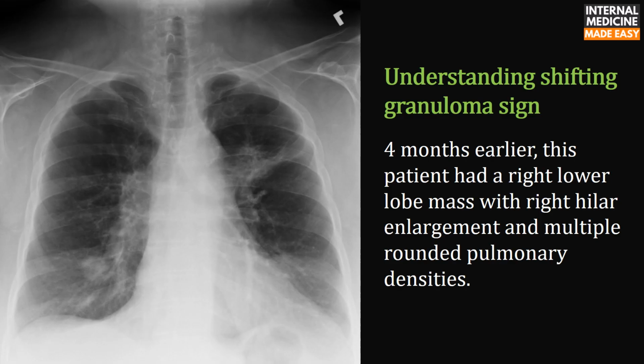Now an example of shifting granuloma sign. 4 months earlier, this patient had a right lower lobe mass with right hilar enlargement and multiple rounded pulmonary densities.